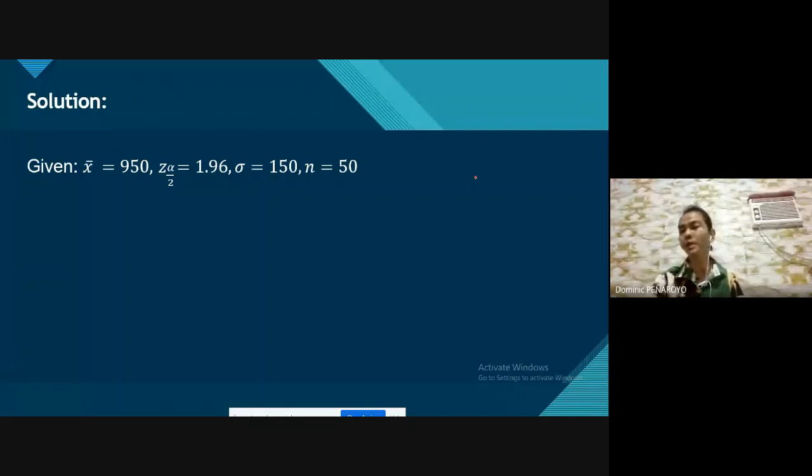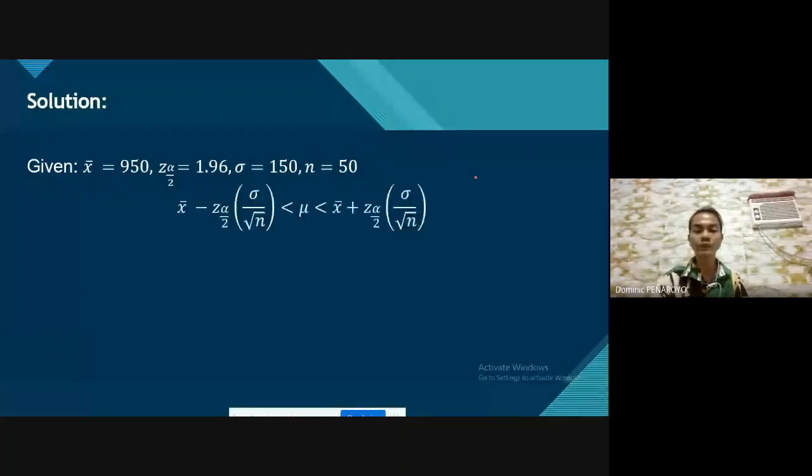So we will now again use this formula. For the lower limit, we have x bar minus z alpha over 2 times the quantity sigma over square root of n. And for the upper limit, we have x bar plus z alpha over 2 times the quantity sigma over square root of n.